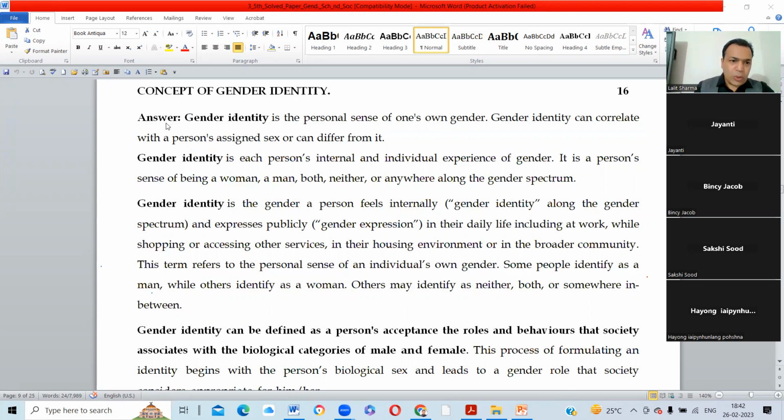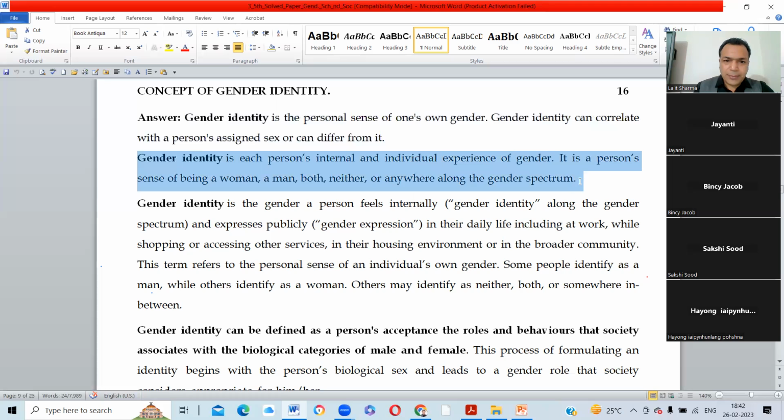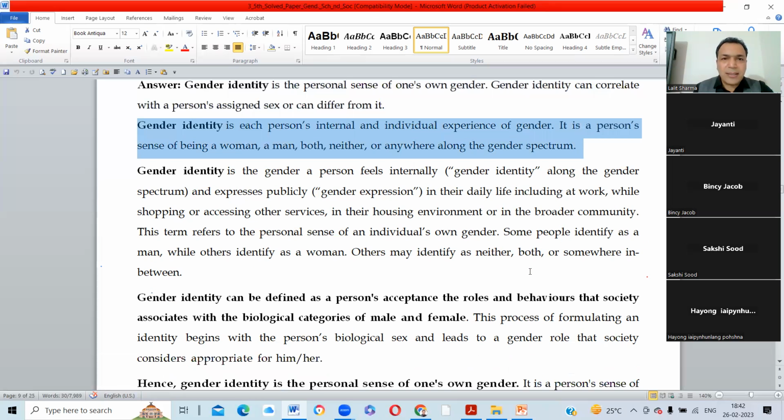Okay, so gender identity is each person's internal and individual experience of gender.